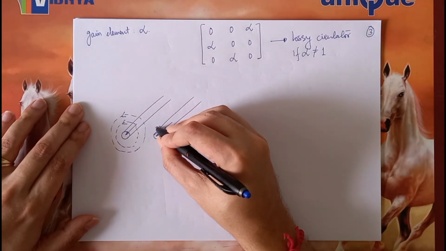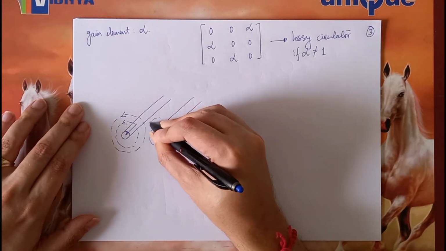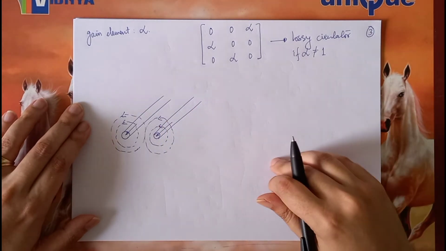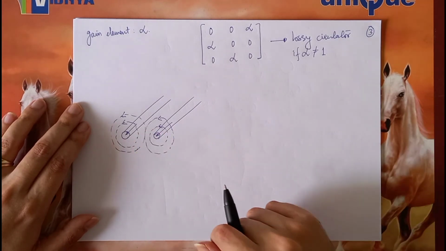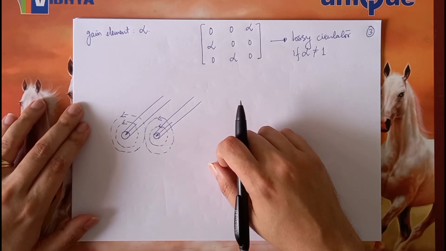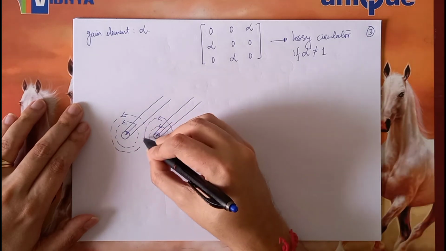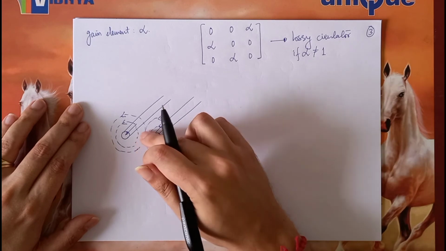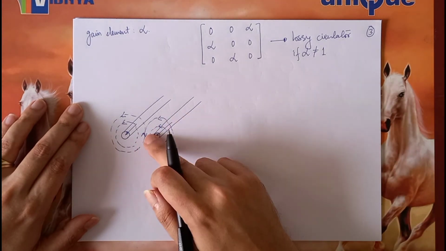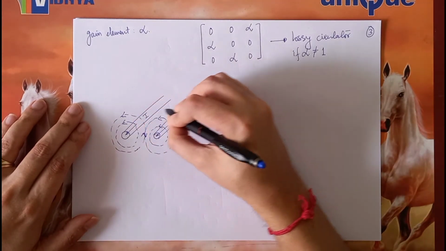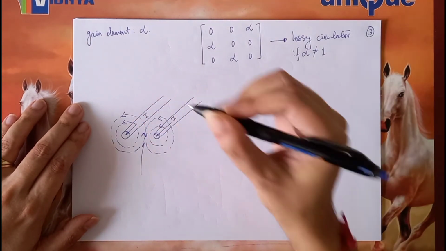Likewise for this conductor also. So what is happening in the middle is, when the field lines from the two conductors interact with each other, on the left hand side the direction of the field is over here, and on the right hand side the direction of the field is essentially opposite. So if the two currents are equal in magnitude, let us say I and I, the field would essentially cancel out.